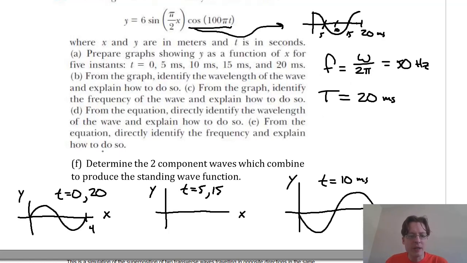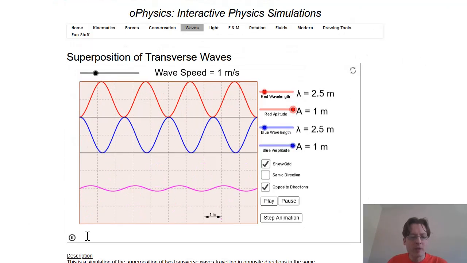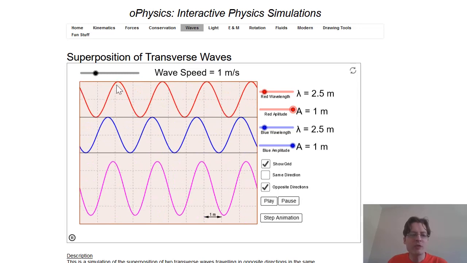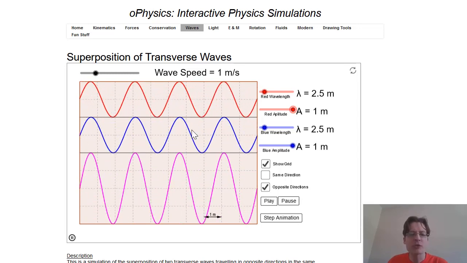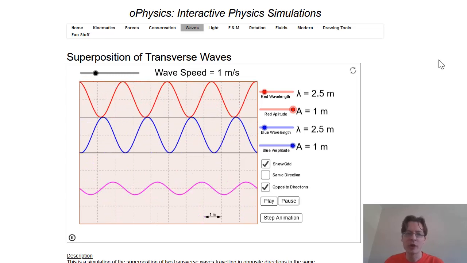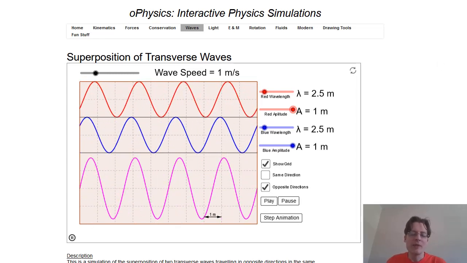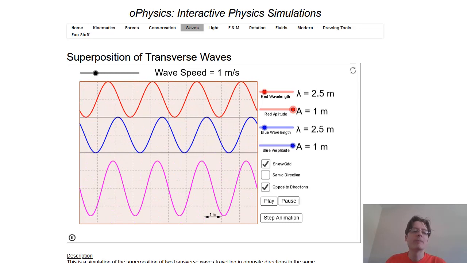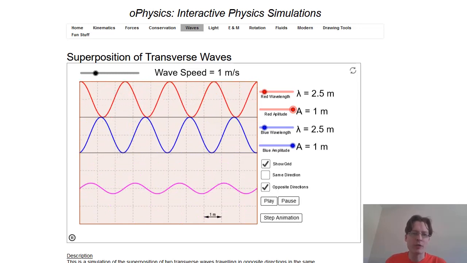Then finally, determine the two component waves which combine to produce this standing wave function. The standing wave in pink is made of a left moving wave plus a right moving wave. Our job is to write down exactly what the two functions are. So in this case, we're given the standing wave function.